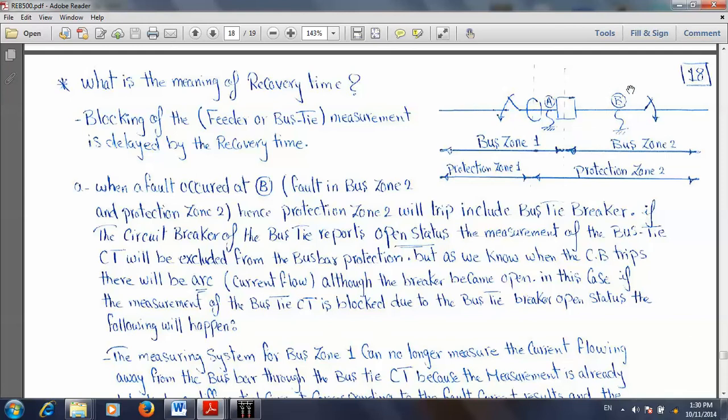So if a fault at B, it's okay because it inhibits wrong tripping of bus bar 1A after the bus tie breaker opens. And in case of a fault on bus zone 1A between the CT and the circuit breaker, it adds a delay time in the tripping of bus zone 1. So the recovery time now has one benefit and one disadvantage, we can say.